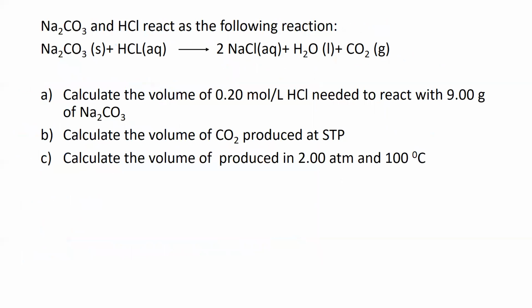Now we go to part B: calculate the volume of CO2 produced at STP. So we are looking for the volume of CO2. Just to balance this one, I'll put the 2 again here, at STP condition.